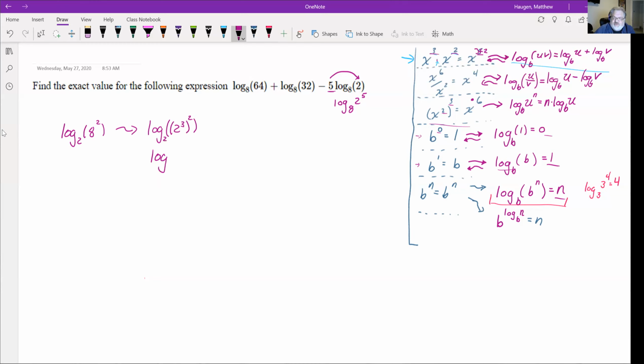Well, what is 2 to the 3rd squared? What are you doing with those exponents? You're going to multiply them, right? 2 to the 6th. What is log base 2 of 2 to the 6th? Again, log base 2 and exponent base 2 cancel. It's going to yield the 6. Again, watch the 2 and the 3. We multiplied them, right?